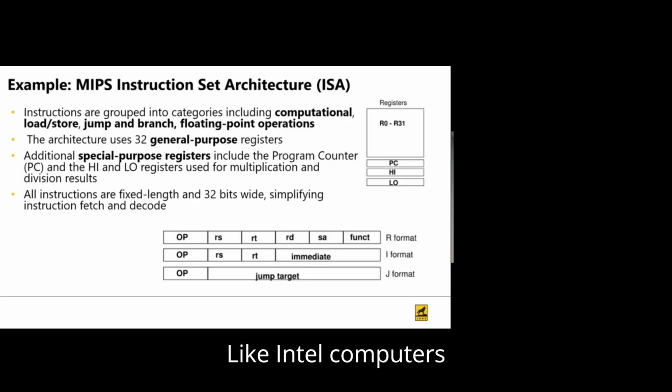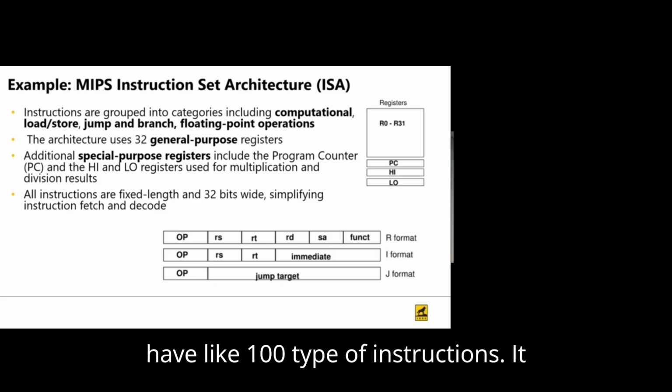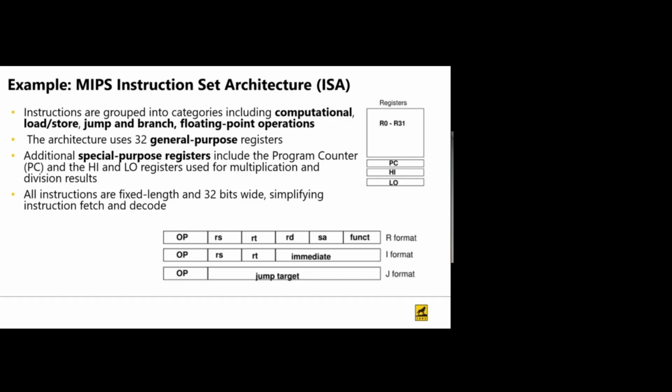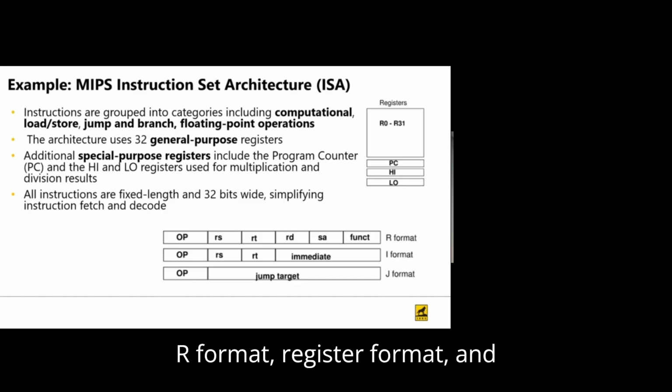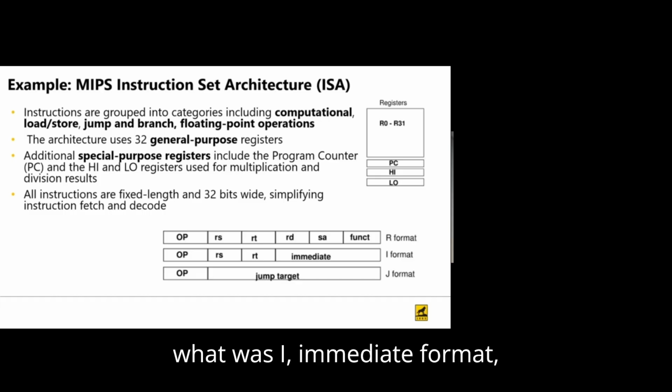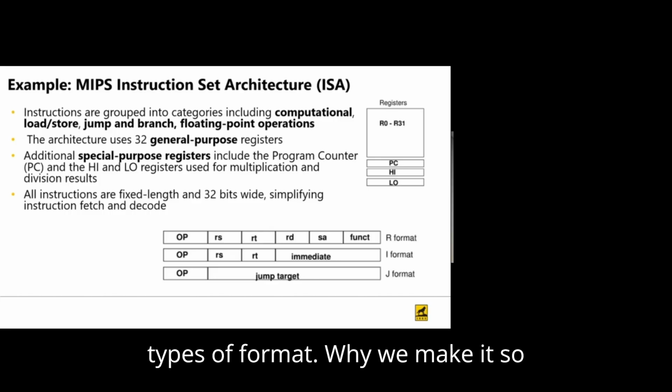Intel computers have like 100 types of instruction. This just has 3 types. R format, register format, I is for immediate format, and J is for jump. Just 3 types of format.